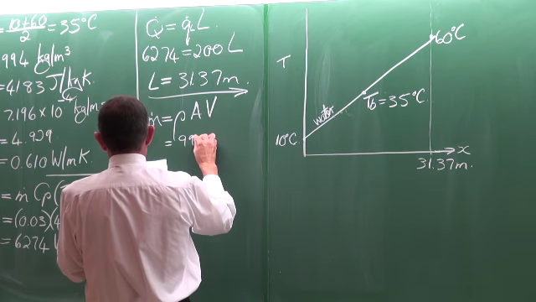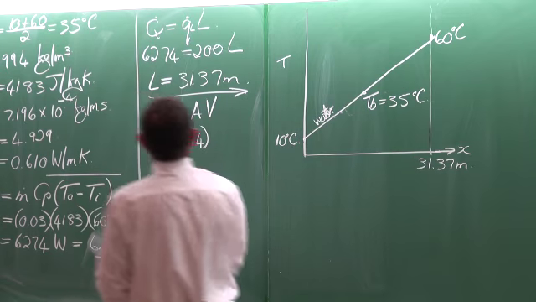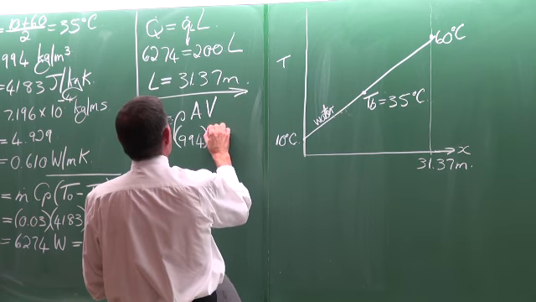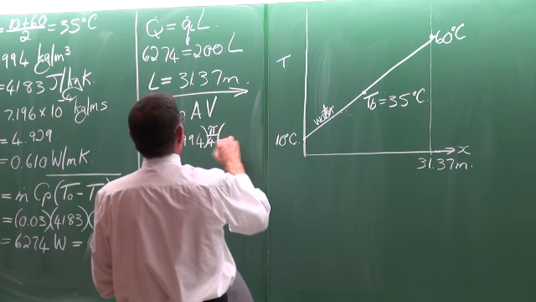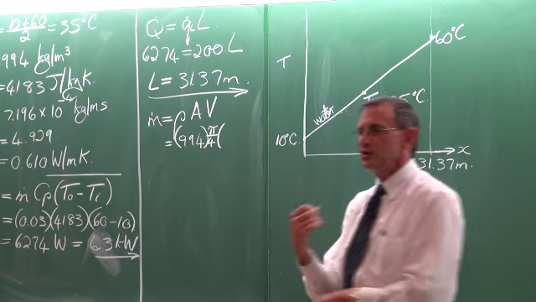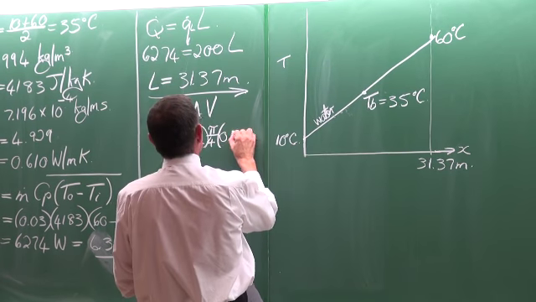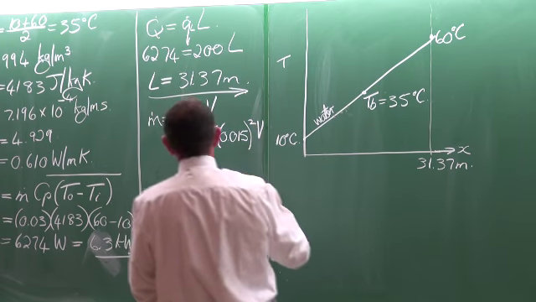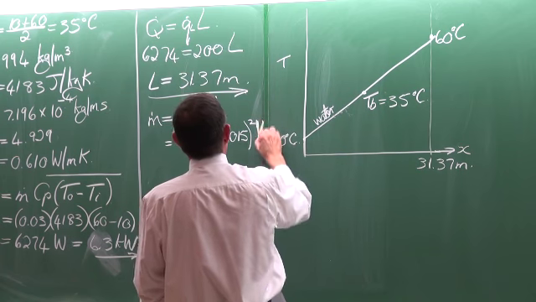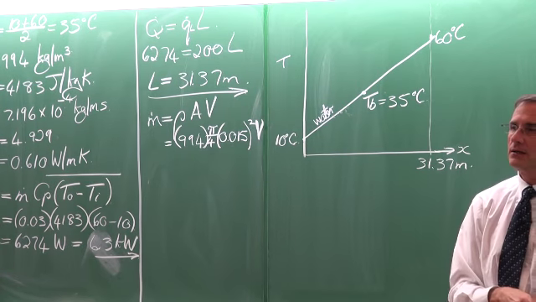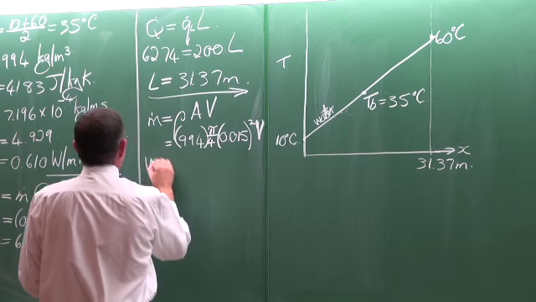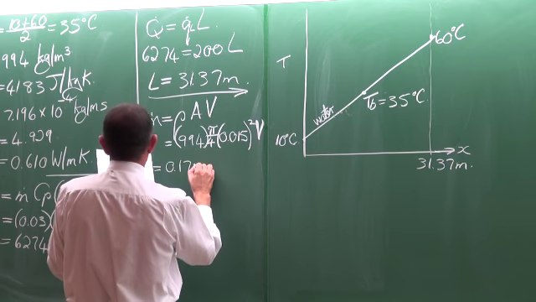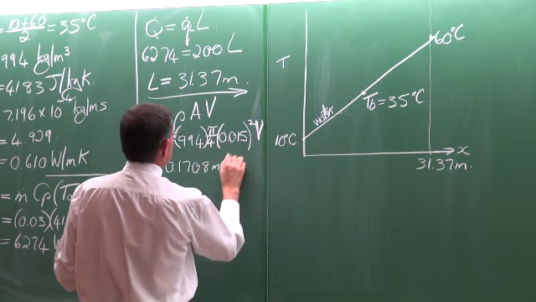Okay, the density is 994, multiplied by the cross-sectional area of the tube, pi divided by 4 multiplied by the diameter, which is 15 millimeters, squared, multiplied by the velocity v. And from this, we can solve the velocity as 0.1708 meters per second.